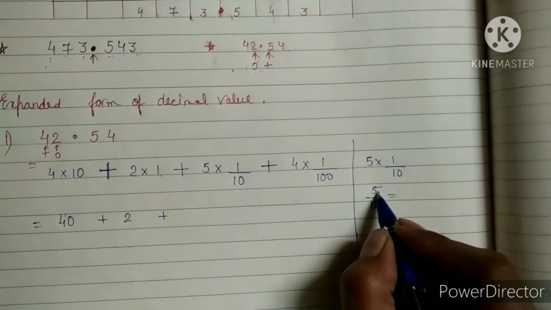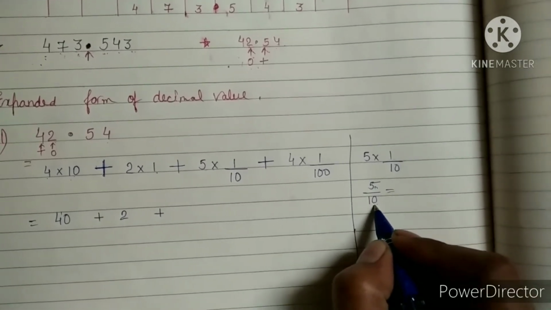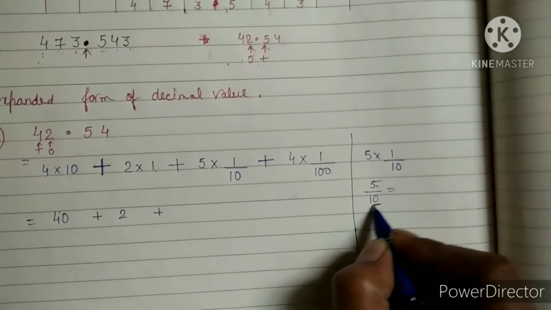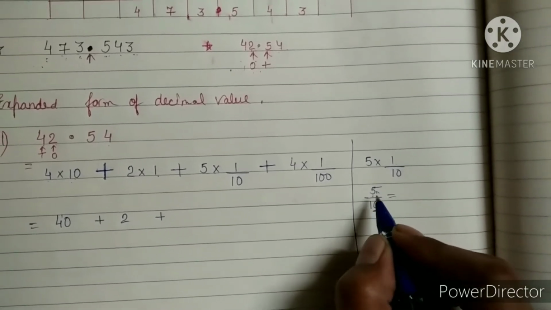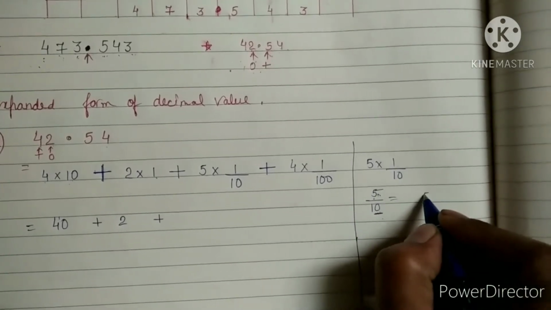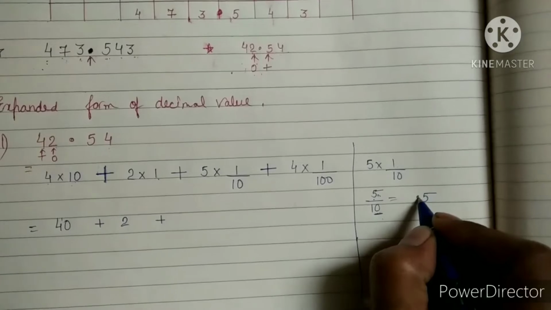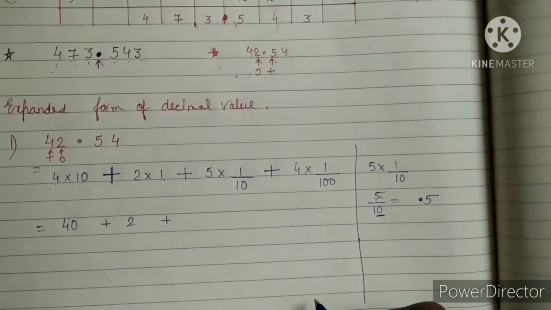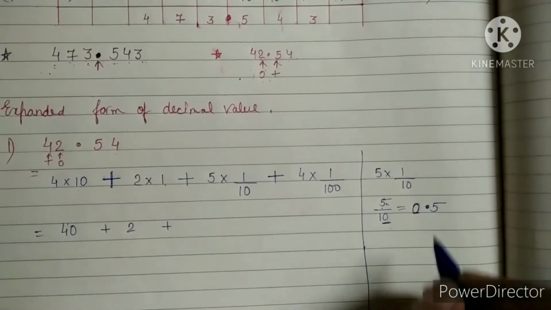You can see below the 5 we have 10 which has 1 and 0. So 1 0, it means we will leave one value. Only one value 5 is having, that's why 5 will go, and after leaving 5 we can put the decimal here, and here we don't have any value, that's why I am putting 0.